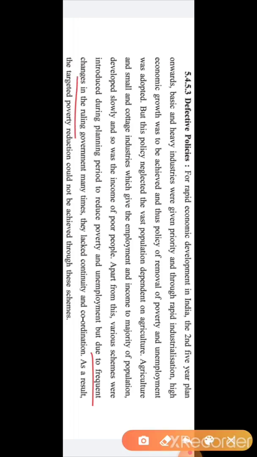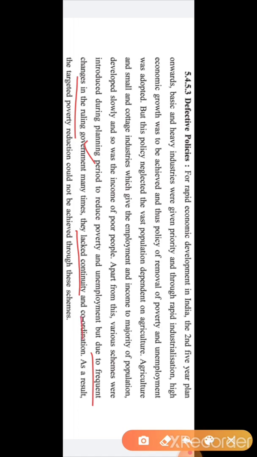Apart from this, various schemes were introduced during the planning. The different schemes were made by the government, by the planning commission, to reduce poverty and unemployment. But due to frequent changes in the ruling government, which changes every 5 years, they lack continuity and coordination.